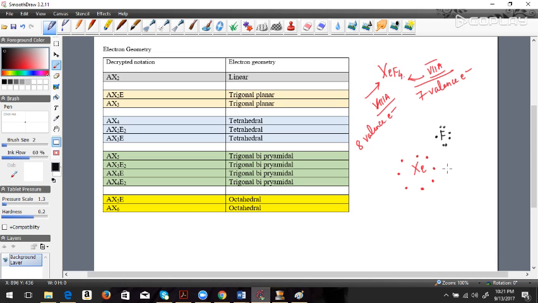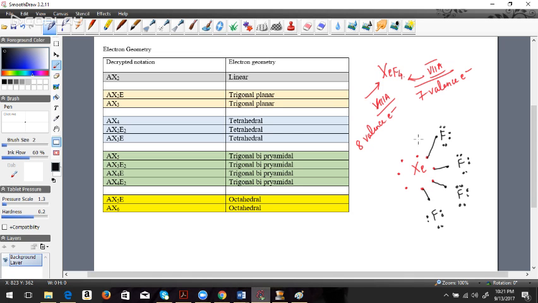I'm going to position them around each of the dots on the xenon. Then I'll get a different color and connect the bonds, red and black, red and black.